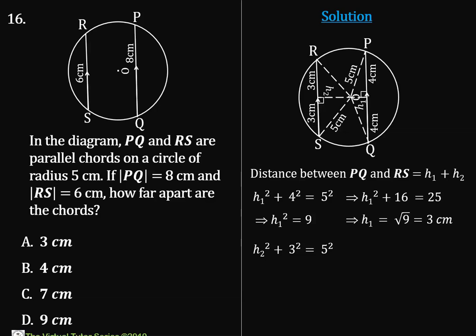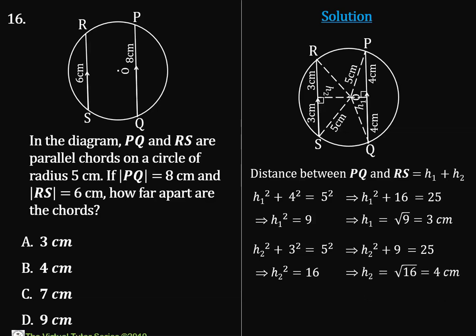So we have H2 squared plus 9 is equal to 25. Subtracting 9 from both sides of the equation, we have H2 squared equal to 16. Finding the square root of 16, we have H2 equal to 4 centimeters.